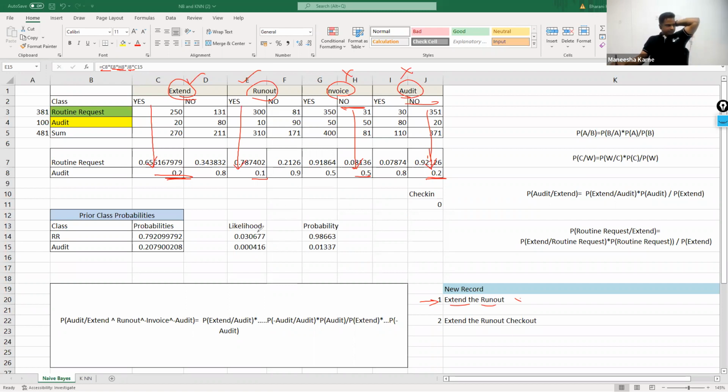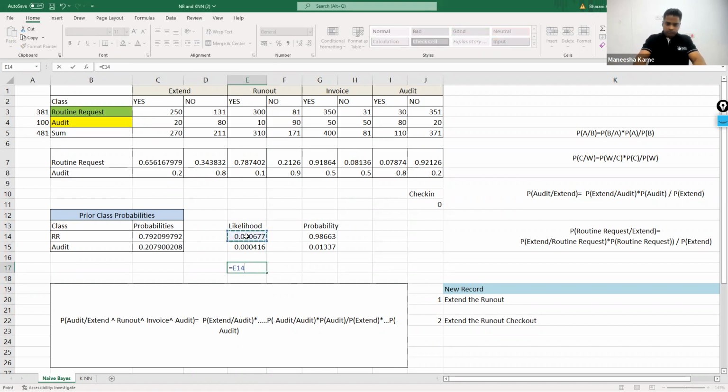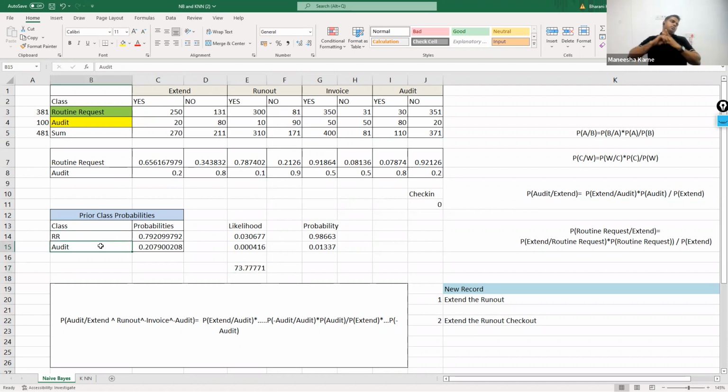So you have likelihood. Now, when I divide this likelihood, this by this, what do we get? You get approximately 73.7. Can be approximated to 74. 74 means there is 74% more chance that any request that you get would be assigned to routine request than audit related request.